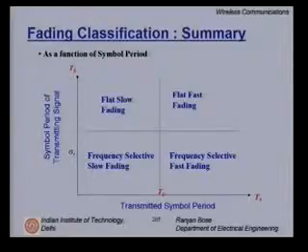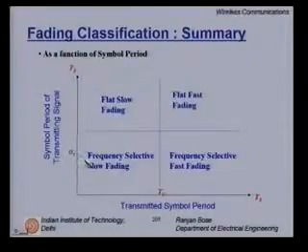In this slide, we have put on one single sheet the notion of flat slow fading, flat fast fading, frequency selective fast fading and frequency selective slow fading. On the two axes, we have the transmitted period Ts. Here is a vertical line which marks the coherence time Tc.